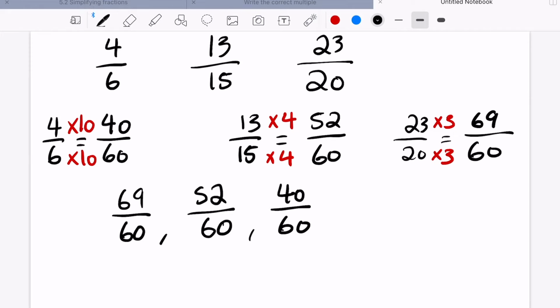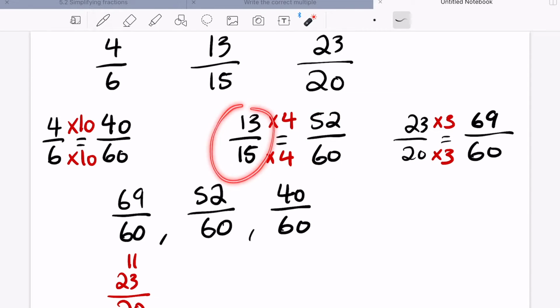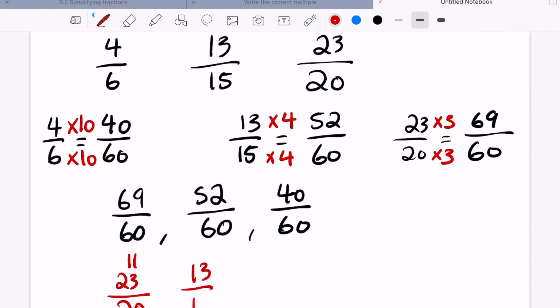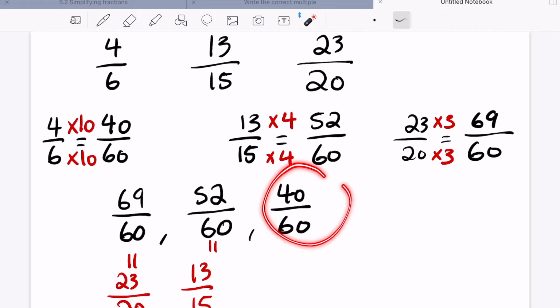All right, but some of these numbers are different. Remember, we have to write it back in the original way. So 69 60ths is the same as 23 20ths. Then 52 60ths is the same as 13 15ths. Then the next one, 40 60ths is the same as 4/6.